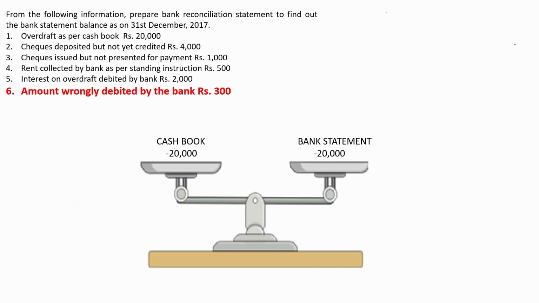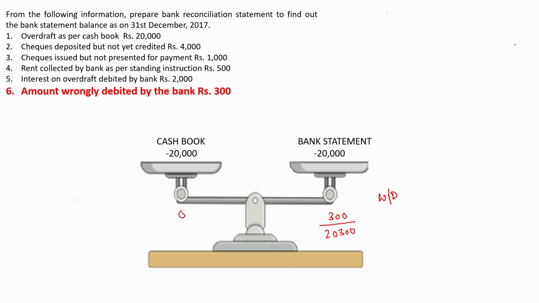Amount wrongly debited by bank, rupees 300. Debit in the bank statement is a withdrawal. The bank by mistake has withdrawn rupees 300. That means in the bank statement, overdraft is 20,300 because overdraft increases by withdrawal.